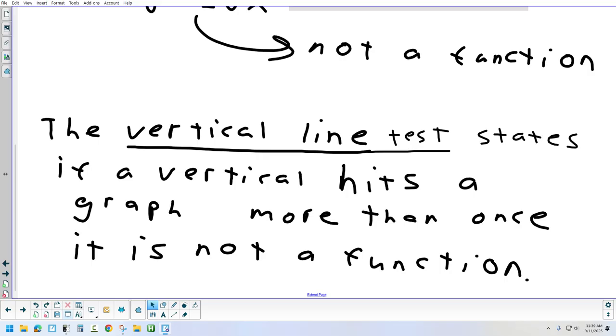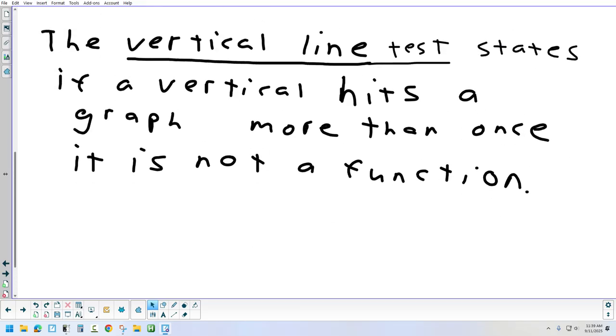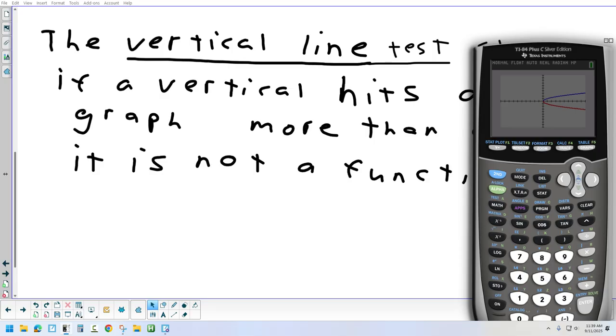Okay, so just going to look at a couple graphs, and I want you to tell me whether or not they are functions. I'm going to draw some things on the calculator right now that you might not know how to draw. That's fine. I just want you to look at what I draw. All right, let's start with this one.